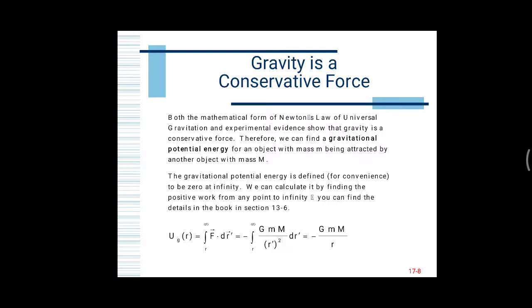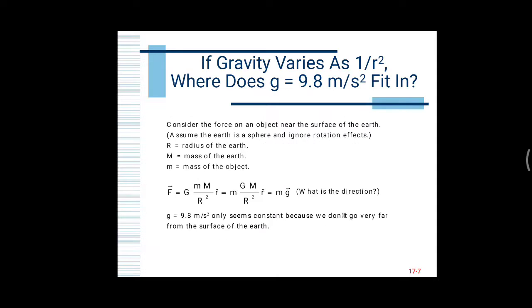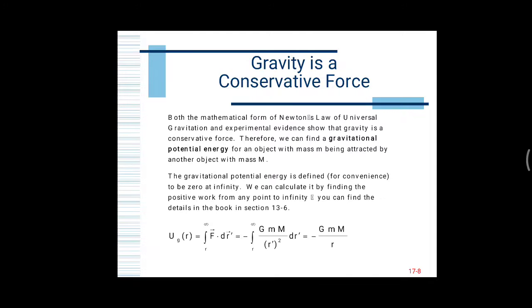So now we have to find out the potential energy due to gravity. Potential energy due to gravity is actually the work done to bring a particle from one point to another point. That is the potential energy. And the work done will be stored in the form of potential energy inside the particle.